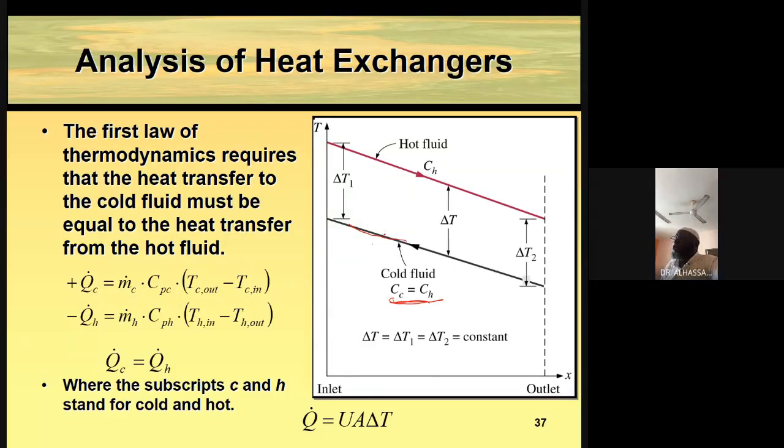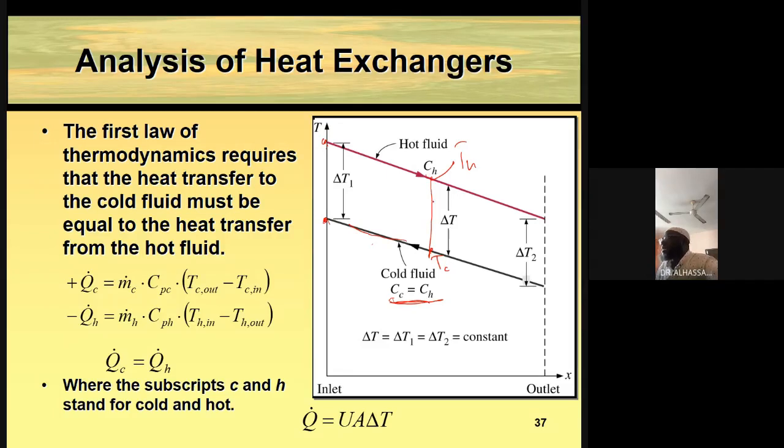Then we are going to have a situation like this, where you see, here the hot fluid is entering in this section, and the cold fluid is leaving from this section. If you find the difference between their temperatures, it is going to give you delta T1. Similarly, at any particular point, let's say at this point, you know the temperature over here to be T hot, and the temperature over here to be T cold.